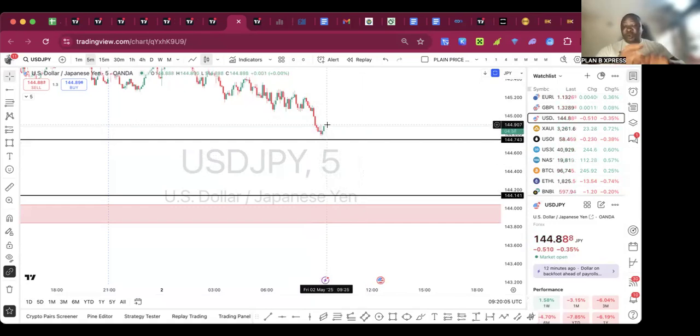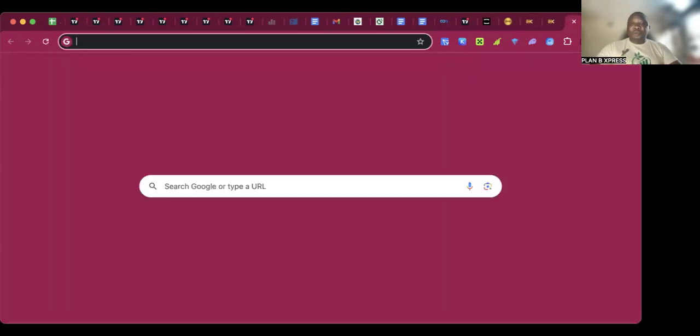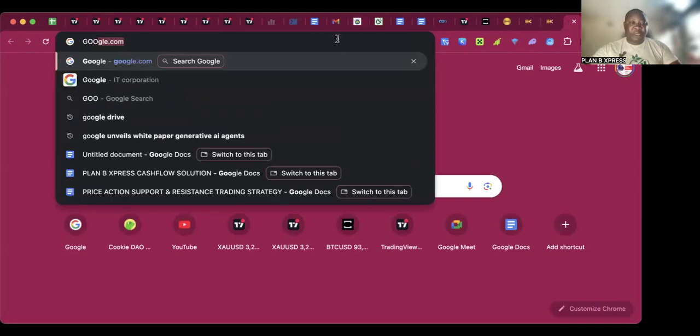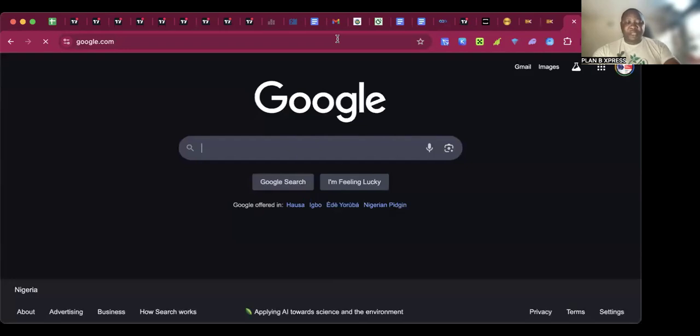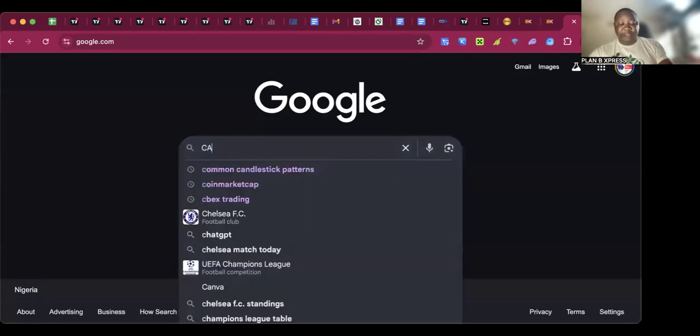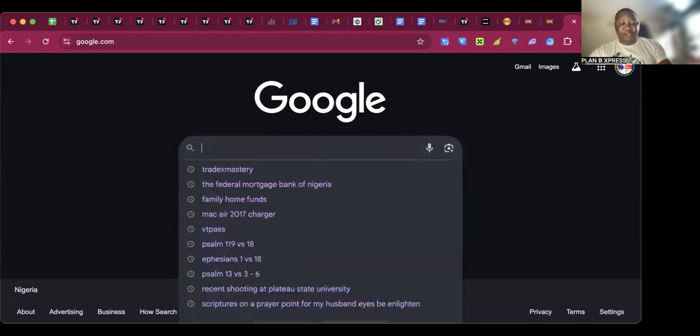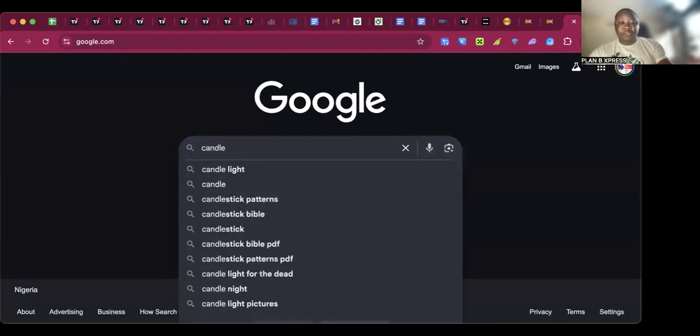So if you break and reject with a bearish candle pattern, maybe like engulfing, hammer, there are different candle patterns. If you want to understand that, you can just go on your browser and type candlestick patterns, because I'm not going to go into all of those details. Look at it.